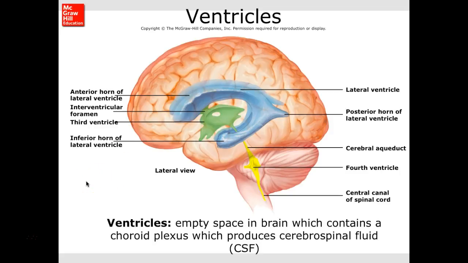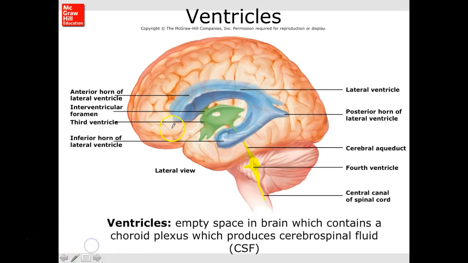All right, now let's talk about your ventricles. We have 4 ventricles total. All I want you to know about these ventricles is that they are an empty space in the brain, and it's going to contain something known as a choroid plexus, which is a network of capillaries, and they work to produce cerebrospinal fluid.